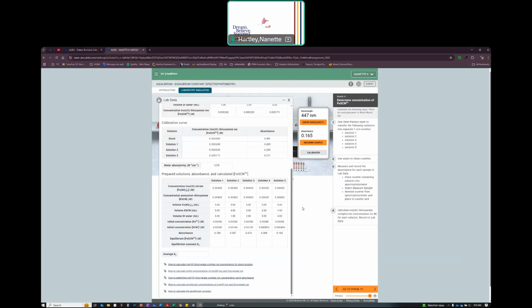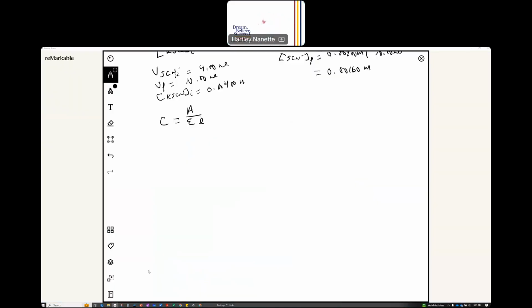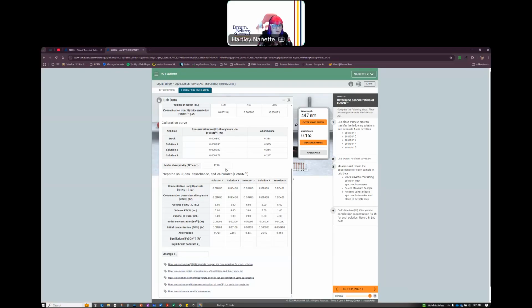So that molar absorptivity is that number that we wrote down previously, and that was 1270. So that's that number that we wrote right here, molar absorptivity. And then I know that these absorbances are what we need to be looking at.